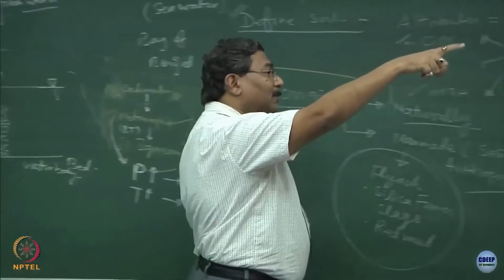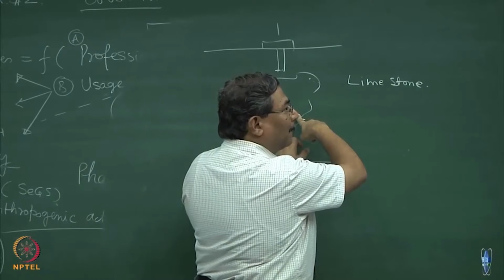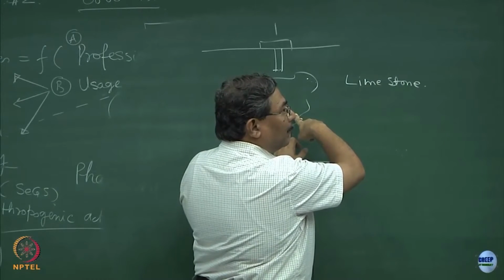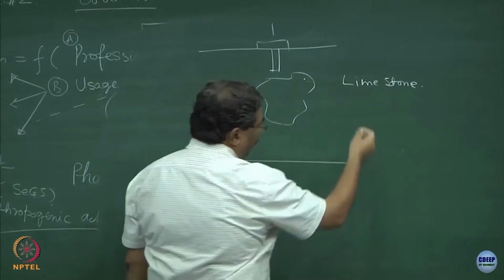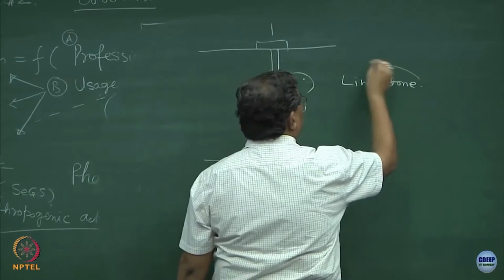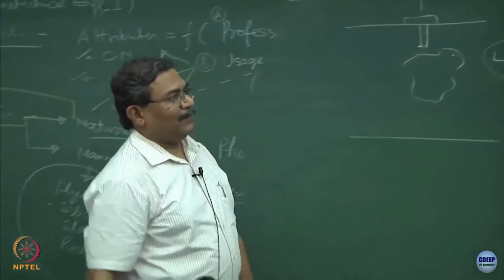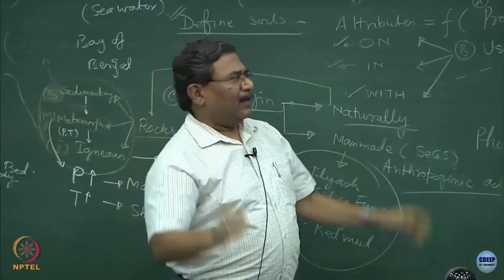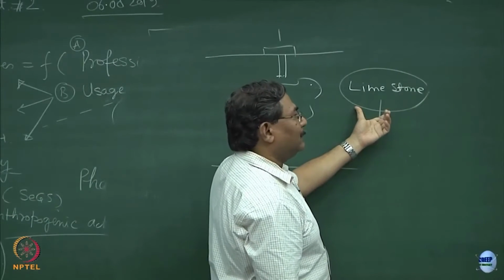Your question was, repeat your question now and link it with this. My question was whether the conversion of rock to soil is a desirable process. So here I have given you a phenomenon where the limestone has got dissolved, another extreme. The discussion was that nothing is in your control.